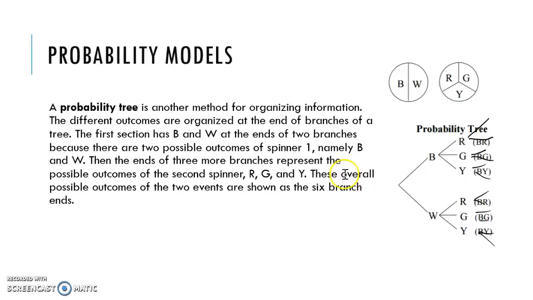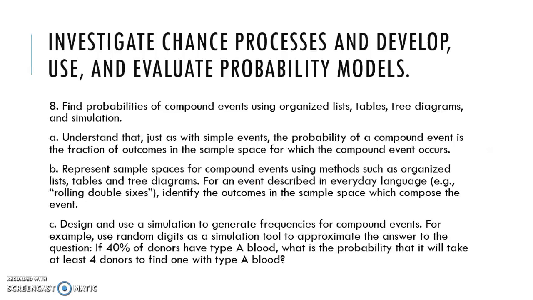So it's a nice way to organize information. So that gave the overview of our organized lists, our tables, and our tree diagrams. And we're going to talk now about compound events and then some simulation.